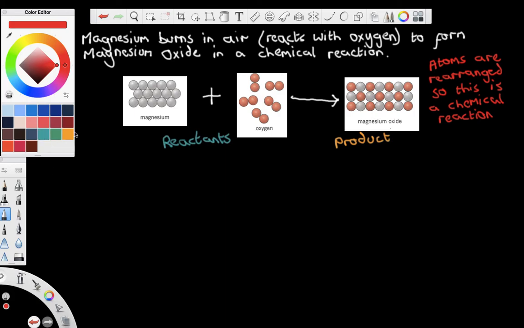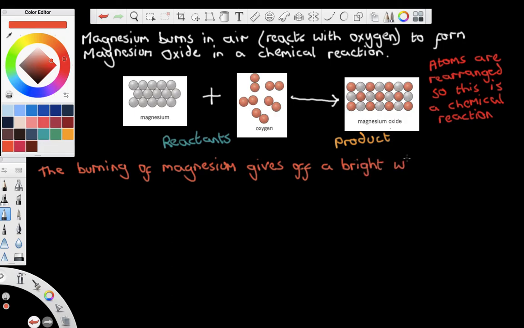So we can say that the burning of magnesium gives off a bright white flame and lots of heat.